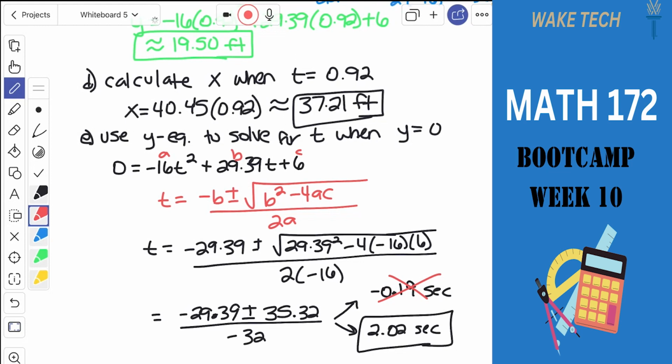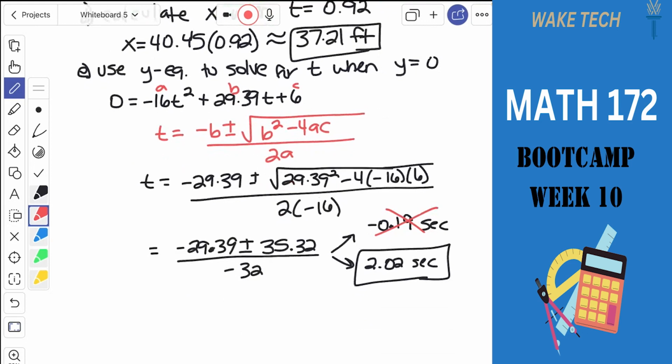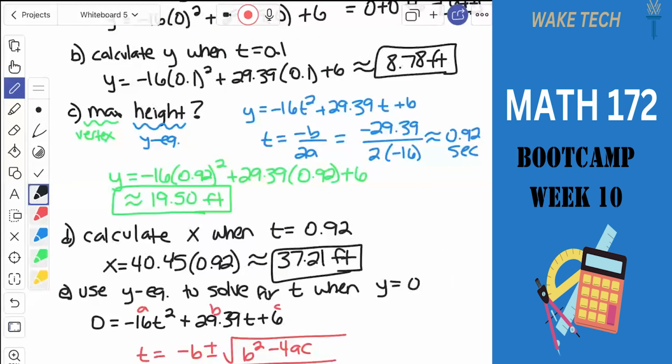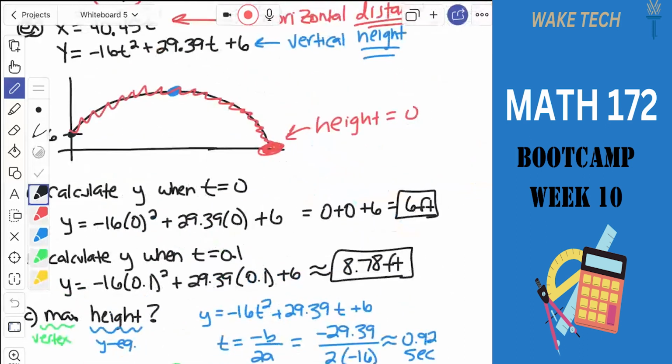Questions about anything we did for E? So we have one part of this left, and that's F. How far does the ball travel when it reaches the ground? So I'm going to go back up to the graph for a second. We know when it reaches the ground, it's going to take 2.02 seconds.